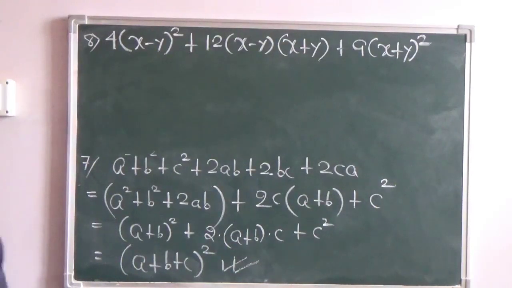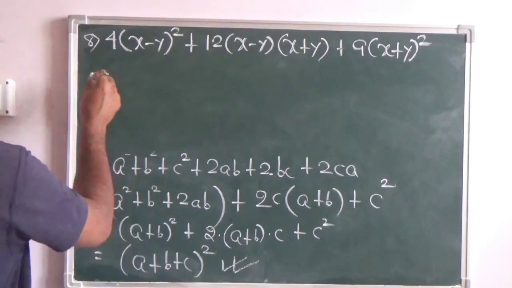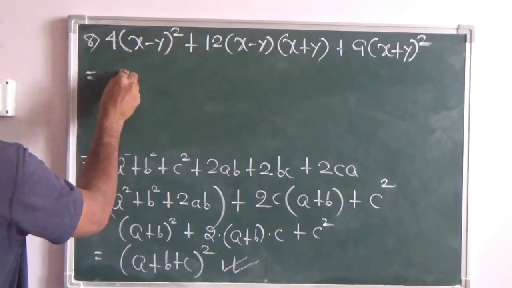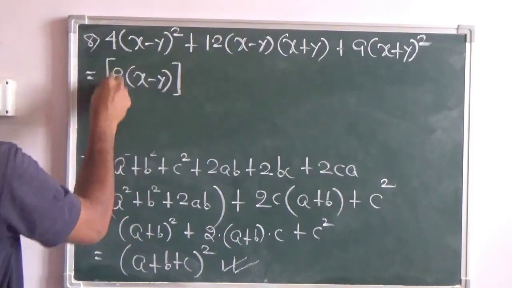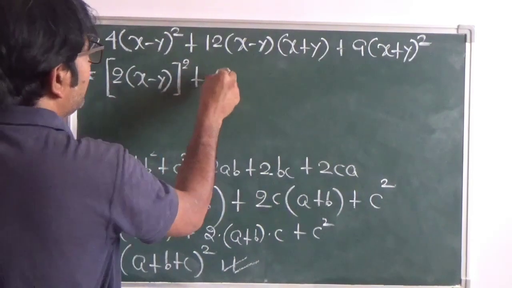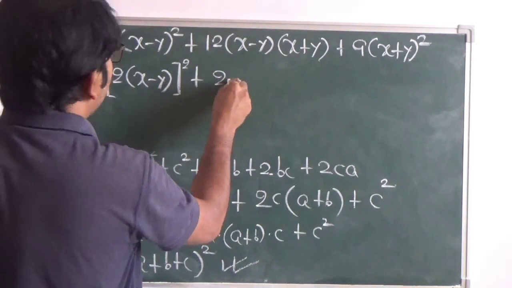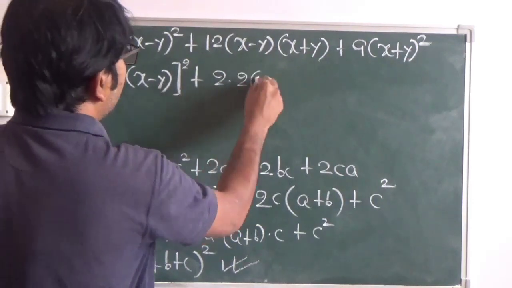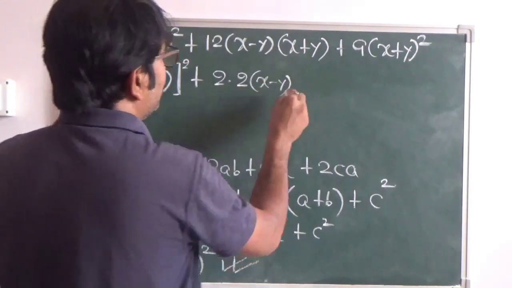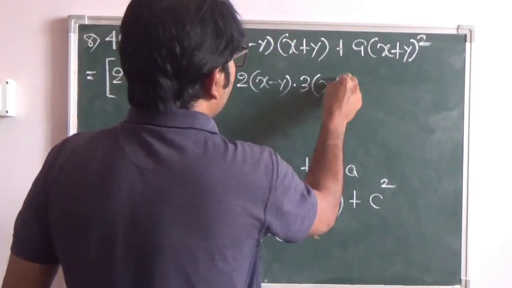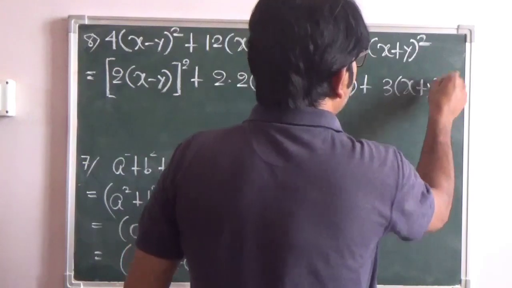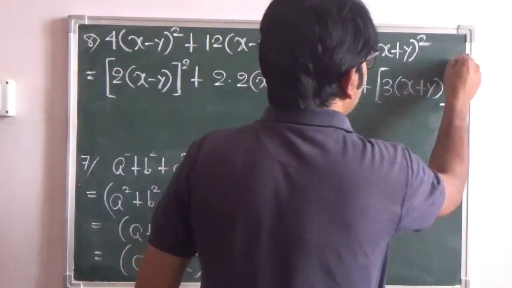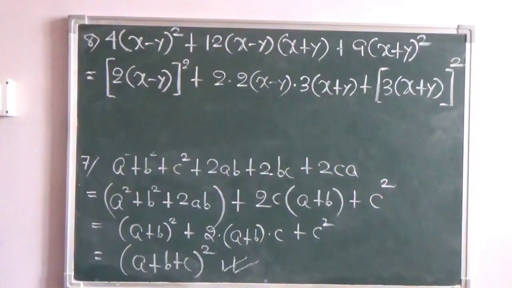So here, we can write it as 2 into (x minus y) square plus 2 into (x minus y) into 3 into (x plus y) plus 3 into (x plus y) whole square.